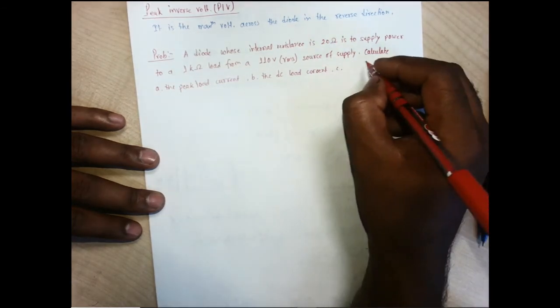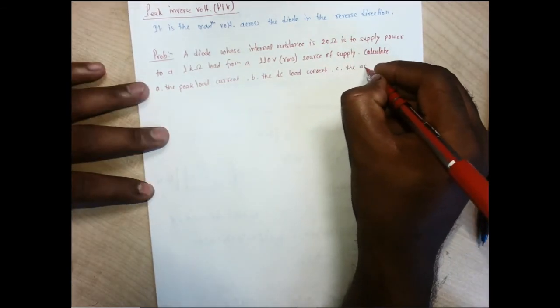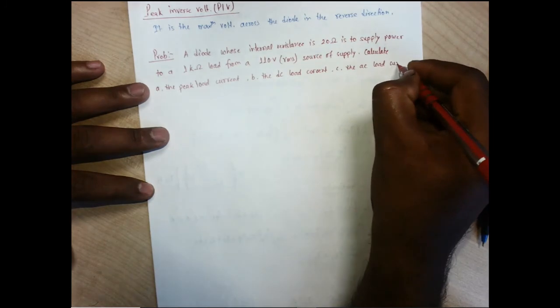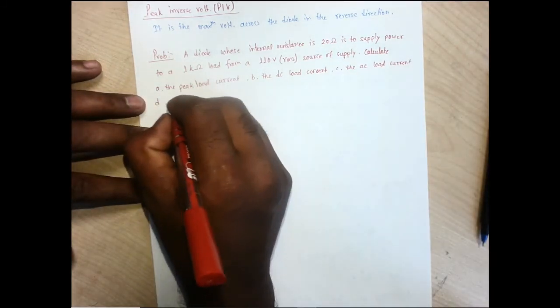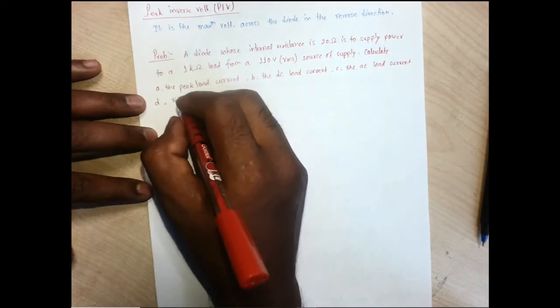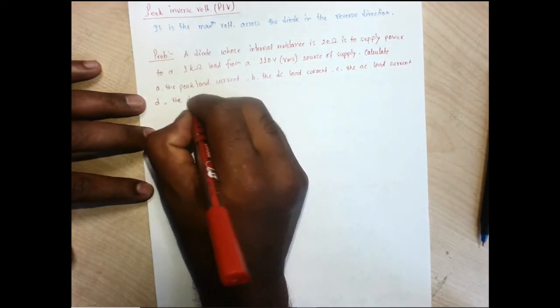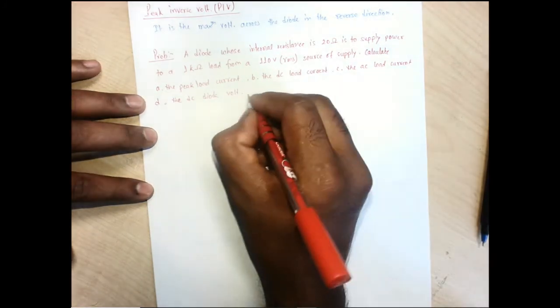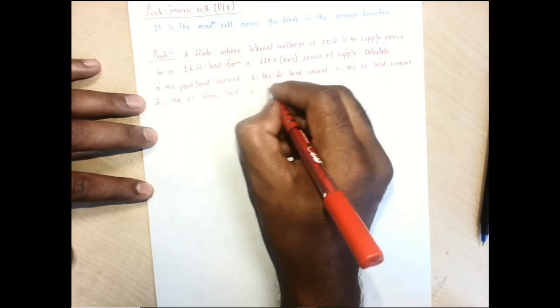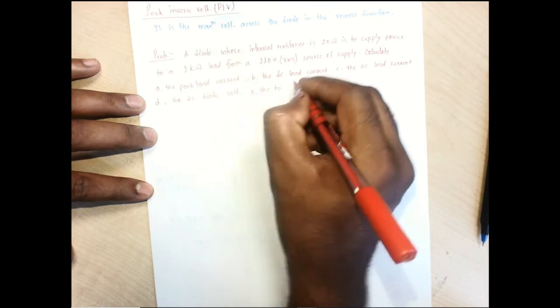C, the AC load current. D, the DC diode voltage. E, the total input power to the circuit.